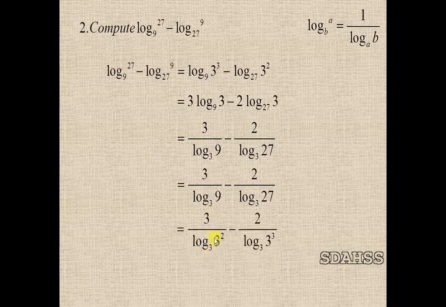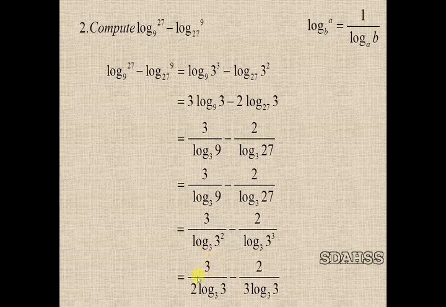3 by log 9, which can be written as 3 square base 3, minus 2 by log 27, which can be written as 3 cube base 3, which is equal to 3 by this power, it comes in front of the logarithm, so 2 log 3 base 3, minus 2 by, similarly here also, 3 log 3 base 3.